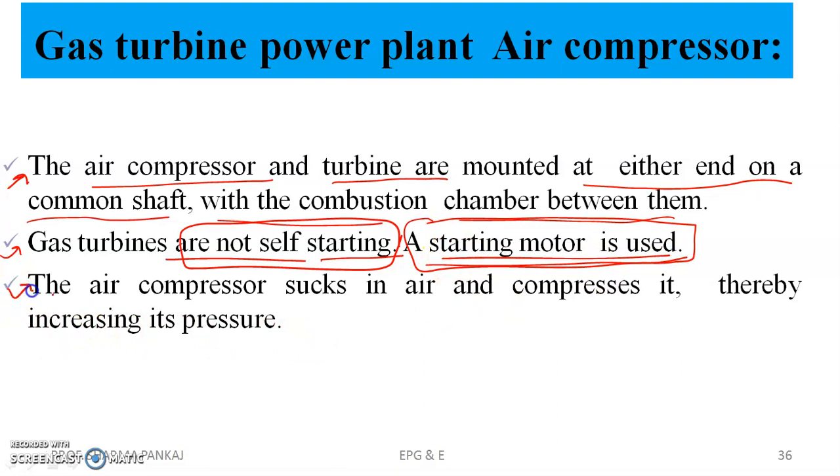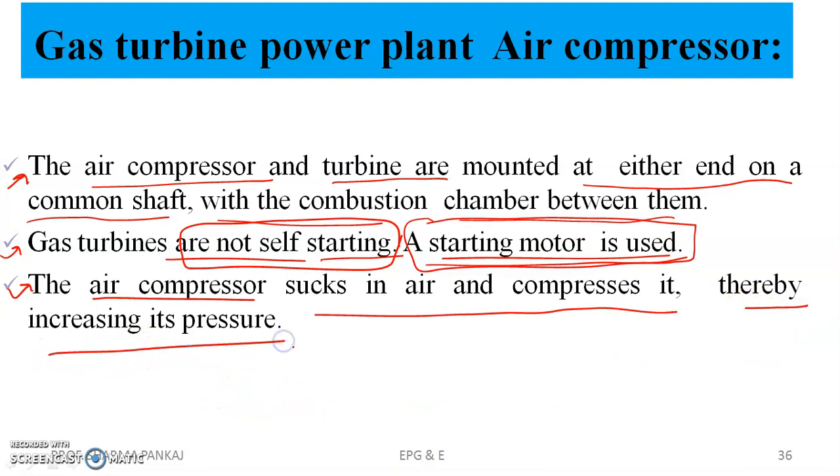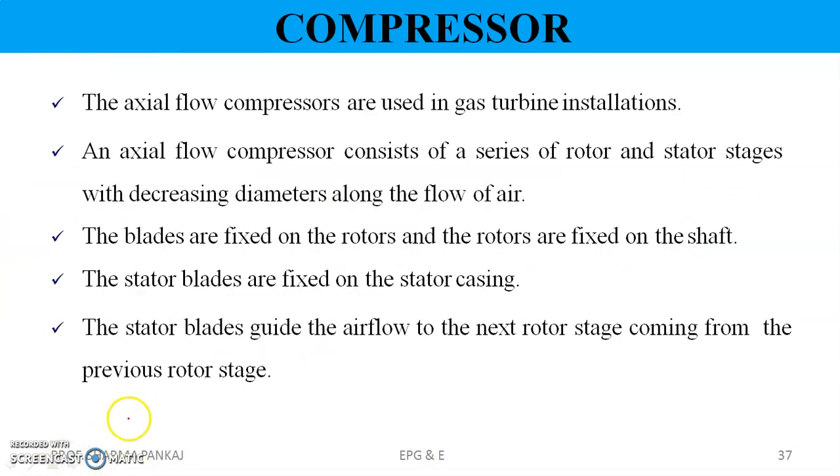The air compressor sucks in the air around and compresses it, thereby increasing its pressure. What is the main function of the compressor? Axial flow compressors are used in gas turbine installations.